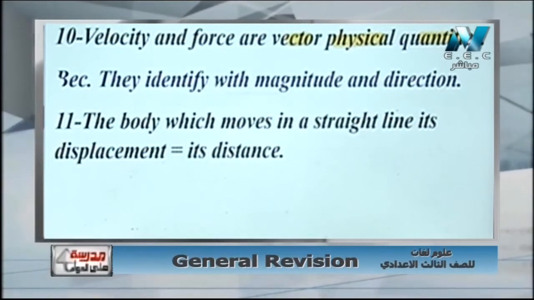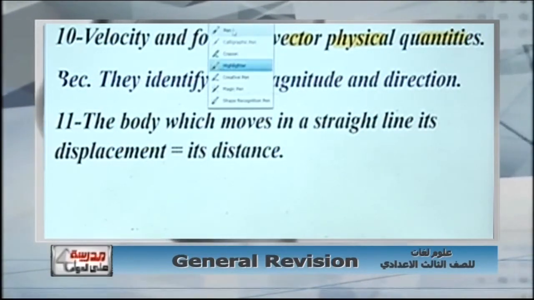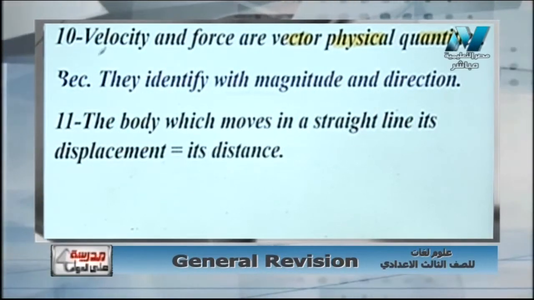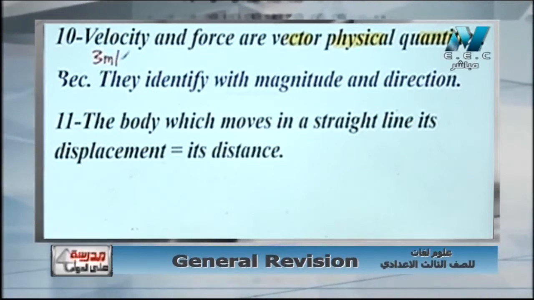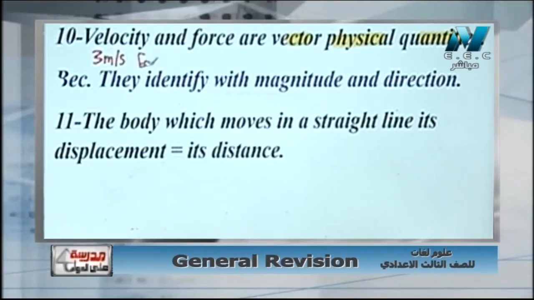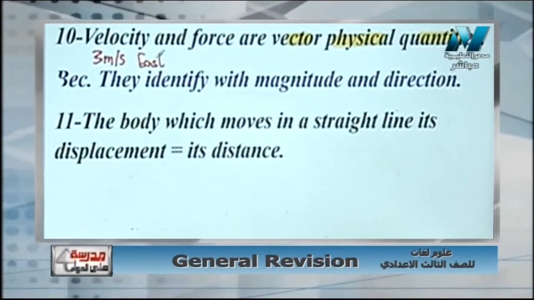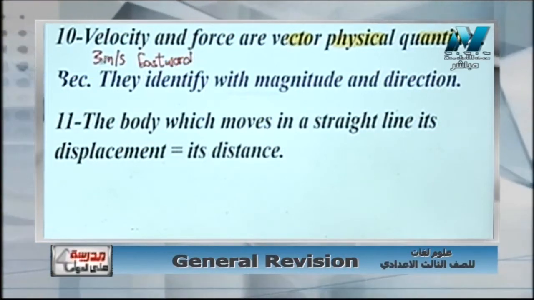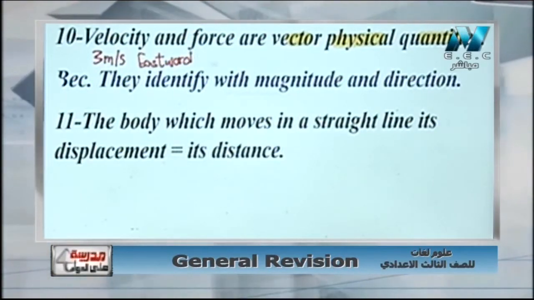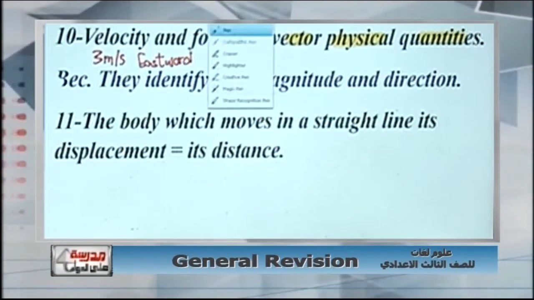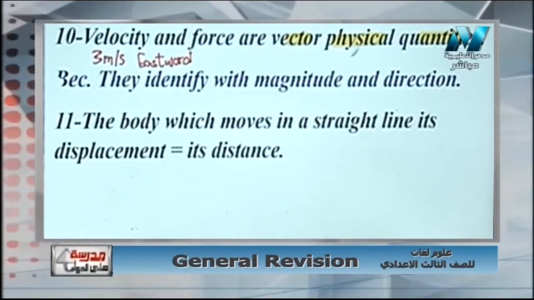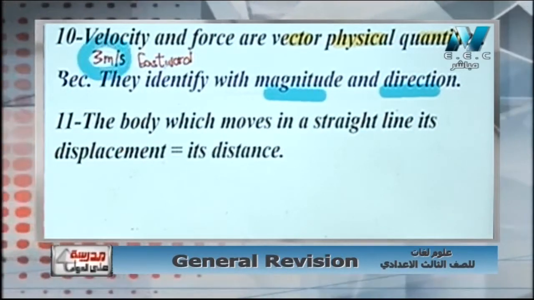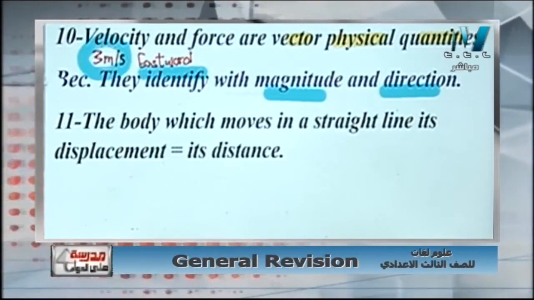As we have, for example, as a velocity, we can say velocity here 3 meters per second eastwards. Meaning 3 meter per second eastward. So we have to identify here by using what? By using magnitude and direction. Here we have magnitude and here eastward is the direction.